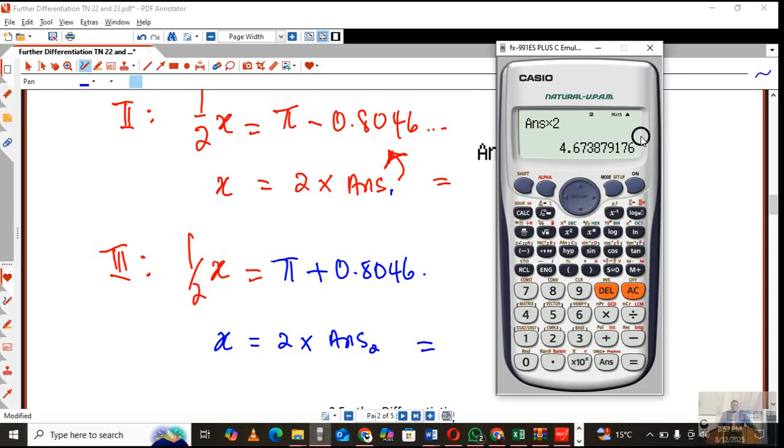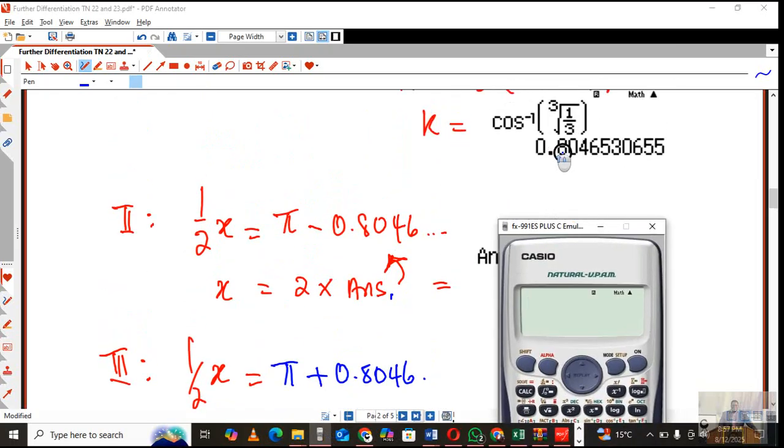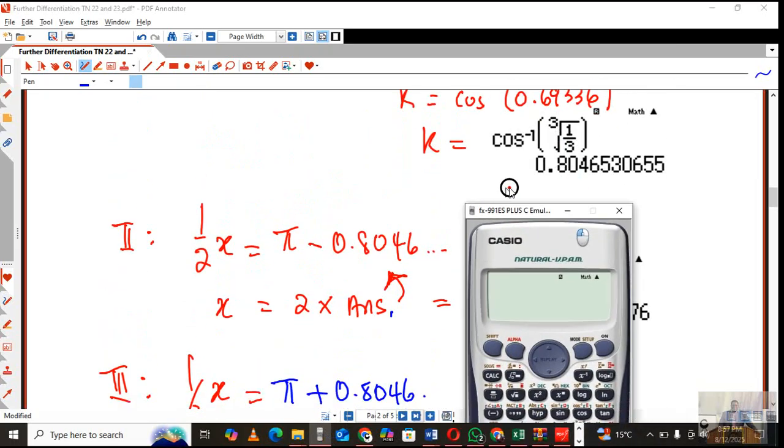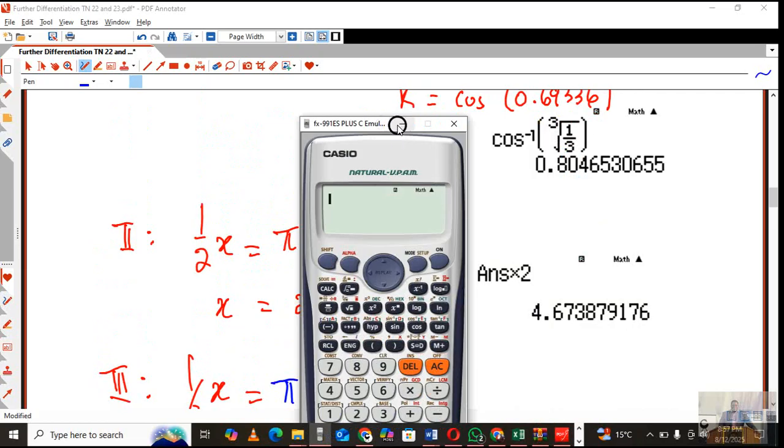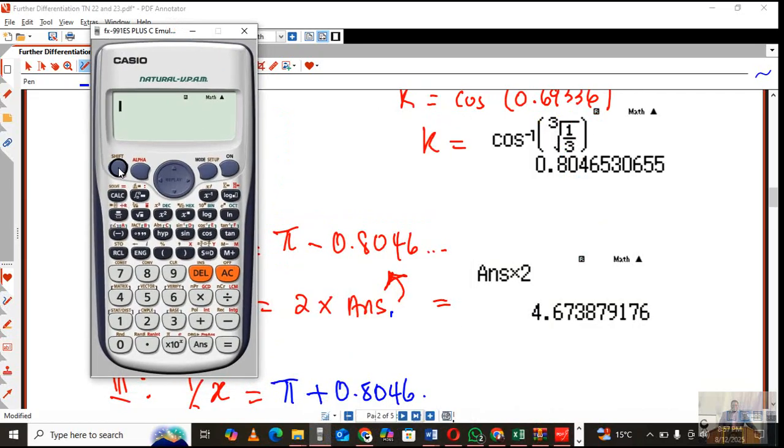Remember, how did we get this 0 point? We say shift, pi plus the inverse cos of the cube root of 1 over 3.